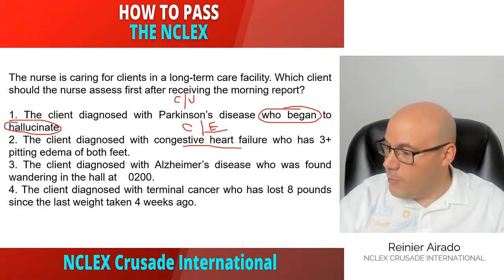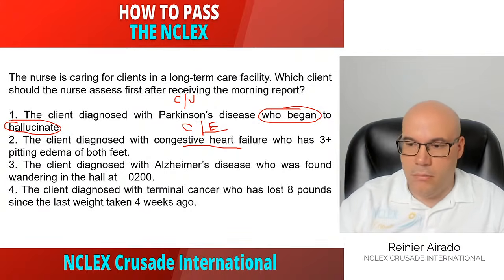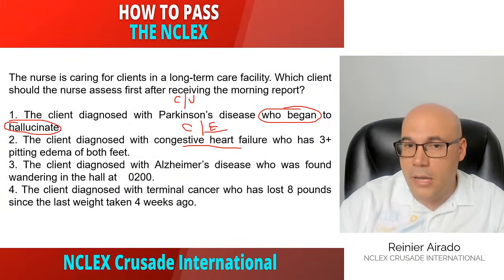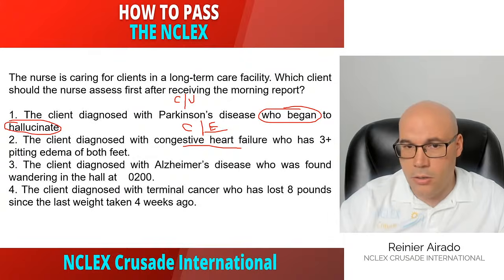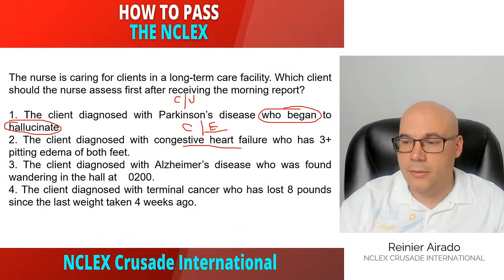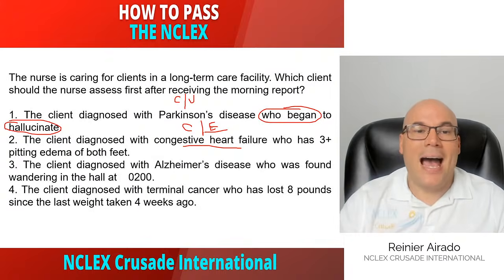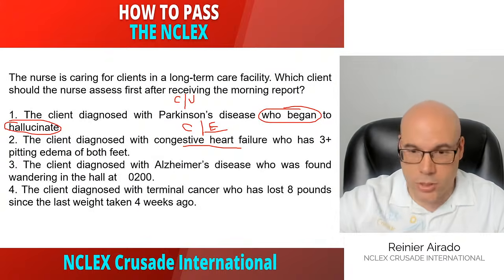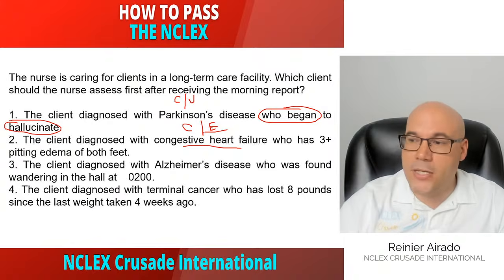And you may think, Professor, but edema has to do with circulation, and circulation is physiological, and that is priority. Not in this scenario. Why not? Because I have another patient that is worse. Why is the other patient worse?